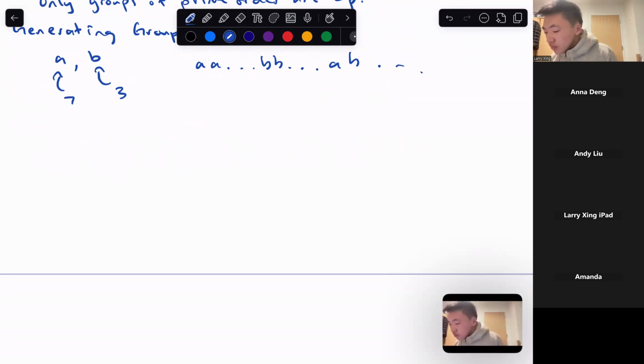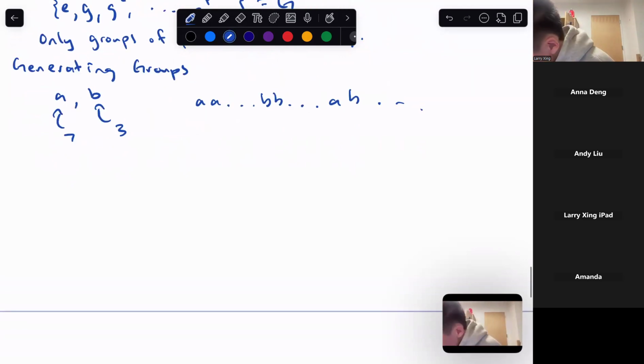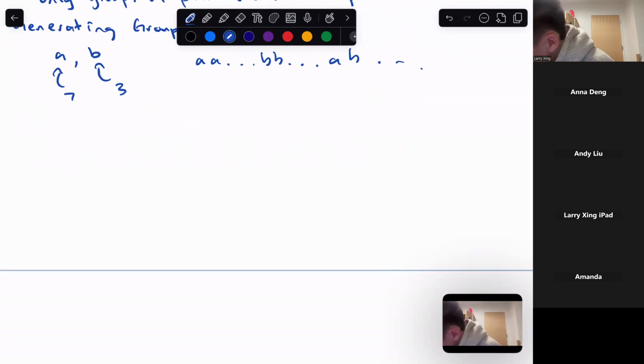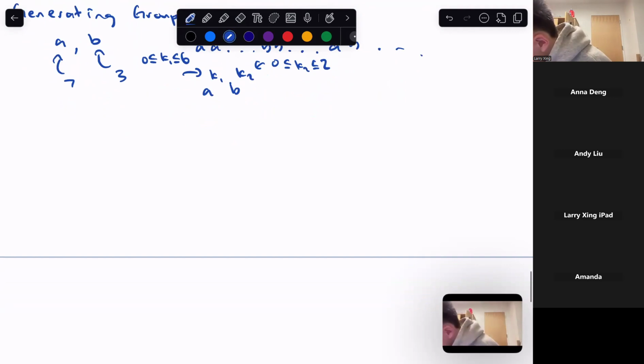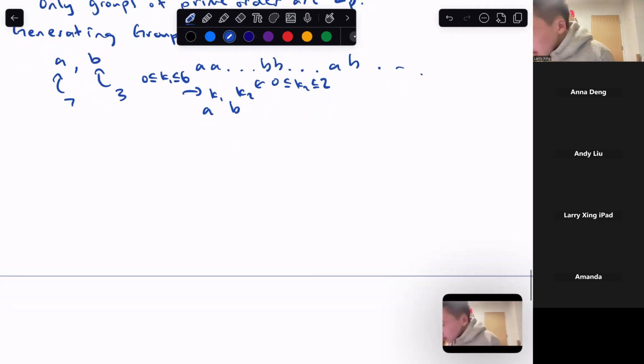And this is sufficient because if we consider all of our elements a to the k1, b to the k2, where k1 is from 0 to 6, and k2 is from 0 to 2, then what we see is that any multiplication with a bunch of different elements within this group can be turned into a multiplication of a bunch of a's and a bunch of b's.